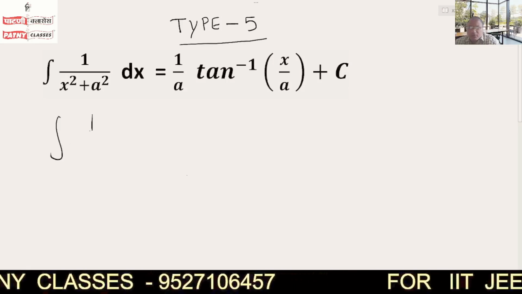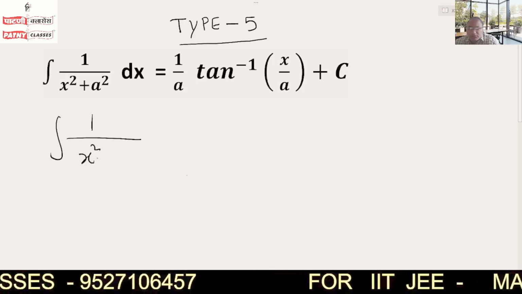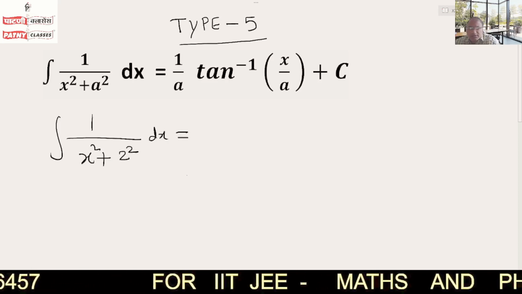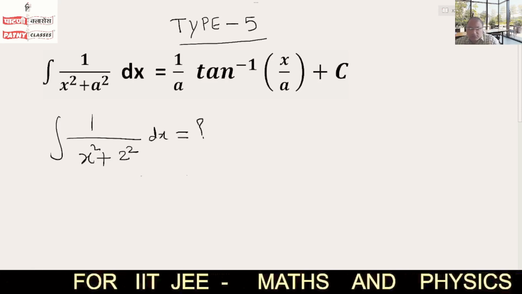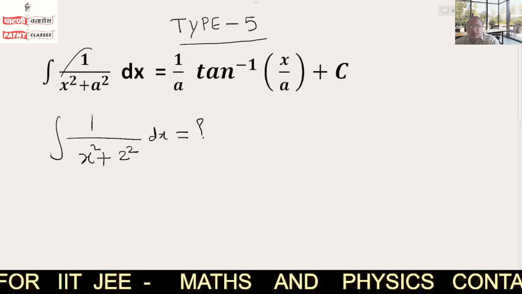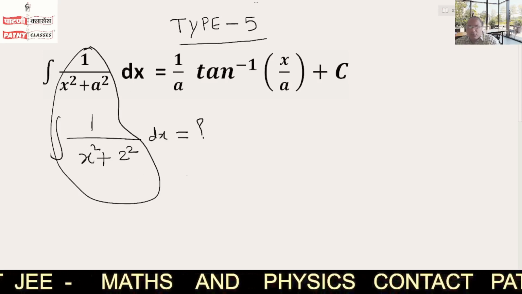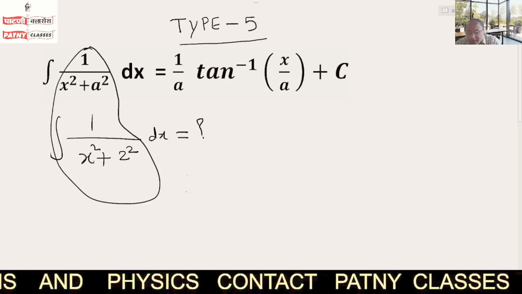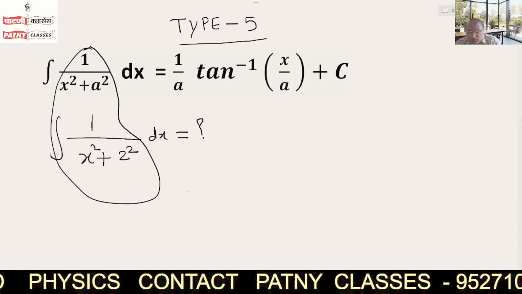Example: integration of 1 upon x square plus 2 square with respect to x equals how much? Comparing these two terms, we find that x square equals x square, but a square equals 2 square.